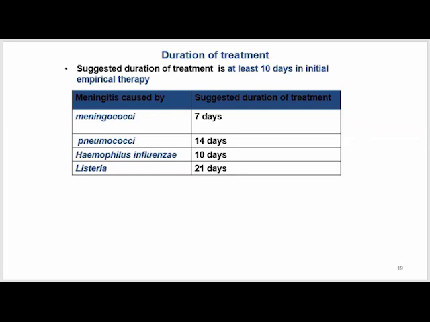If it's Streptococcus pneumoniae, 14 days. Haemophilus influenzae type B, Hib, 10 days. If it's Listeria monocytogenes, especially in children, you go up to 21 days.